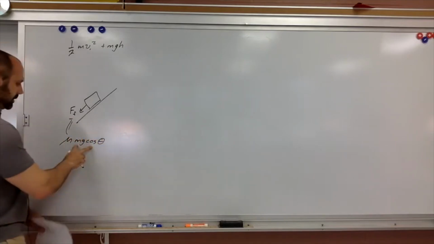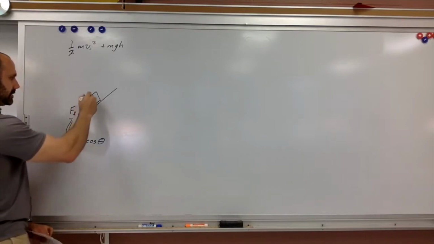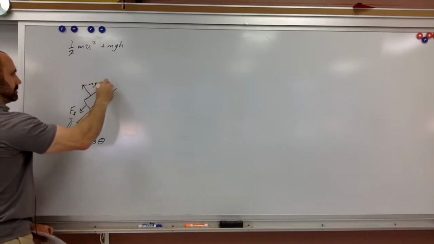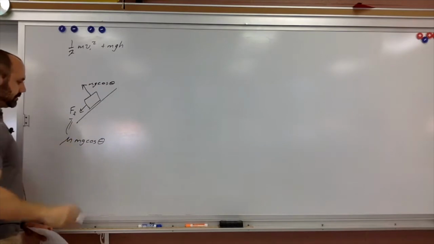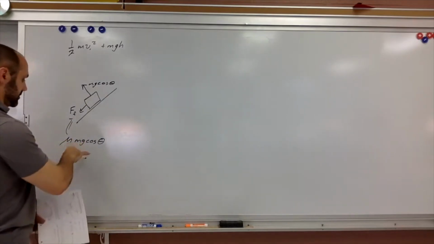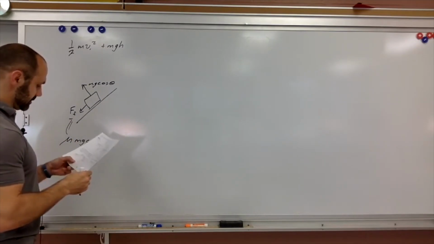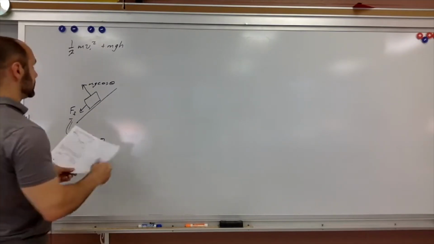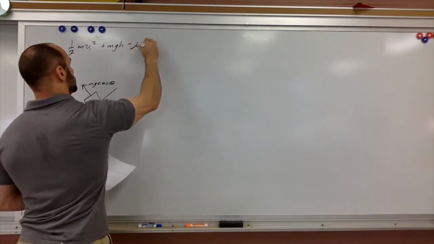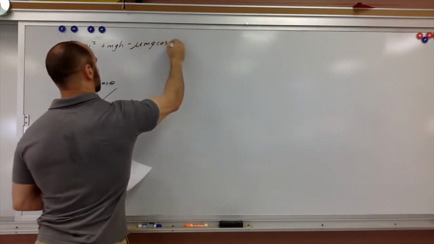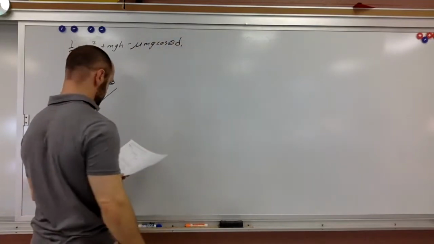Mg cosine theta is the normal force, and this is what mu is. So then the work done by this force is mu mg cosine theta times just that distance d. So I'm going to call that d1. So minus mu mg cosine theta times d1.